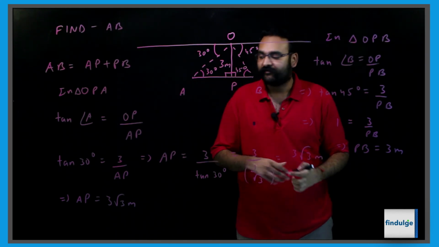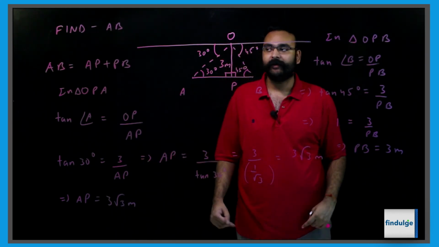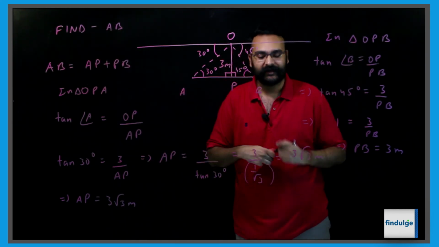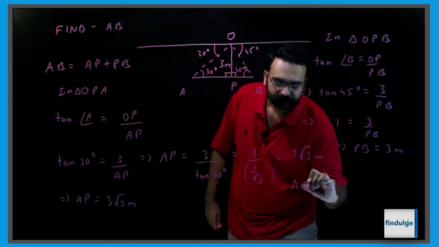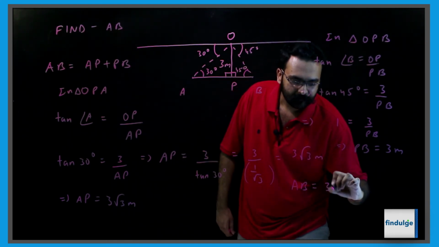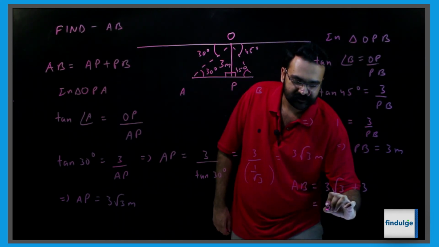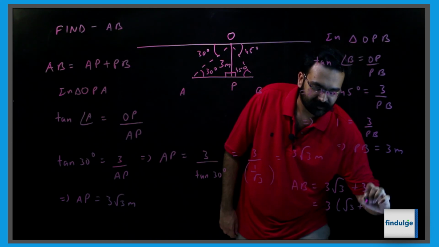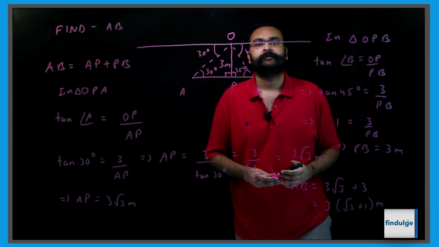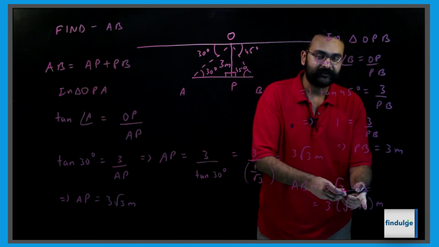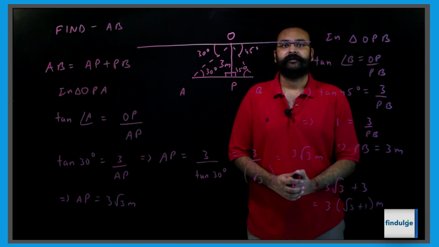And now that I have AP and PB, I can get my length AB as 3 root 3 plus 3, which is 3 into root 3 plus 1 meters. So this is the width of our river.